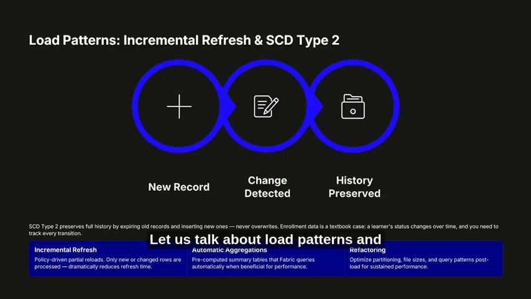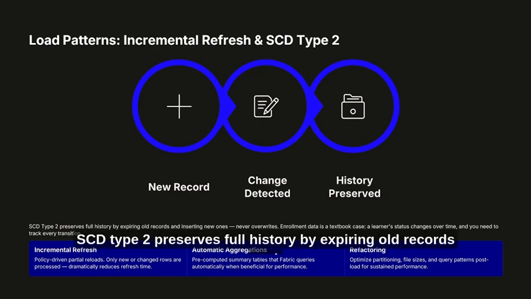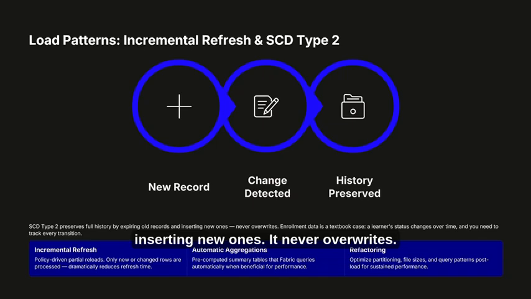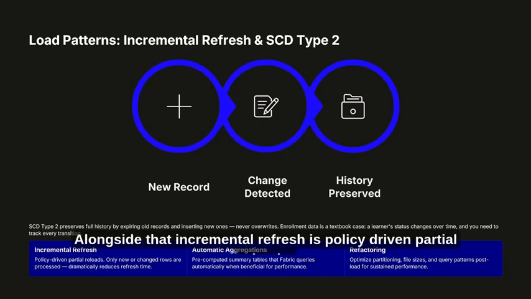Let us talk about load patterns, and this is where production thinking really kicks in. SCD Type 2 preserves full history by expiring old records and inserting new ones. It never overwrites. Alongside that, incremental refresh is policy-driven partial reloads.